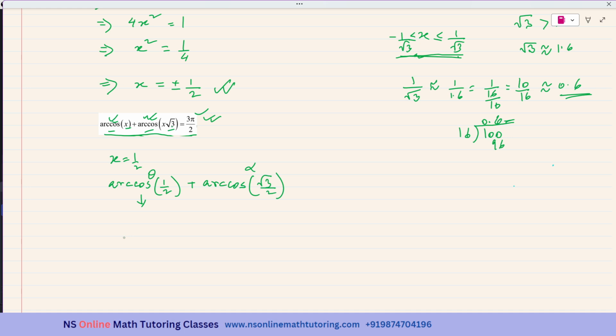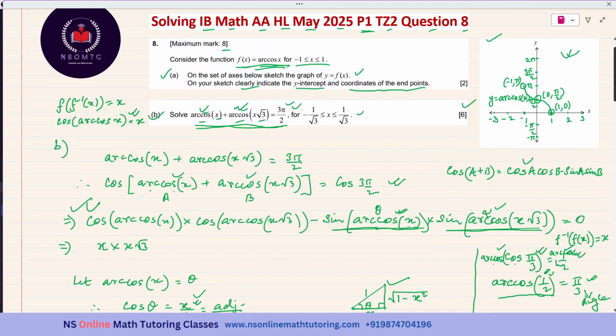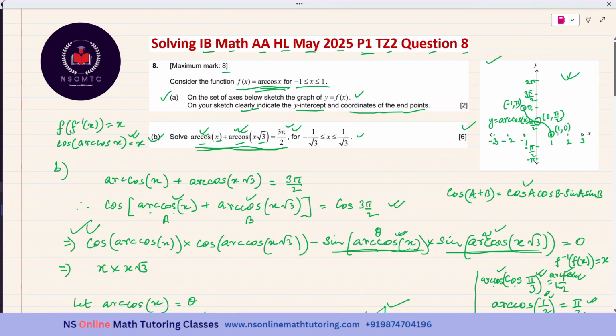So arc cos of half is equal to theta. Therefore, cos theta is equal to half, which means theta is equal to pi over 3. You may say that theta can be from the fourth quadrant also, but no, because we are having the angles from 0 to pi.